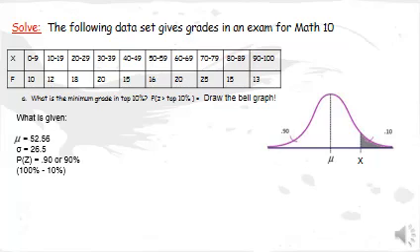We know this because 10% being on the far right, subtract that from 100% and you get 90% being everything on the left side of our score, which is noted as x. To find x, we need to figure out what z is.